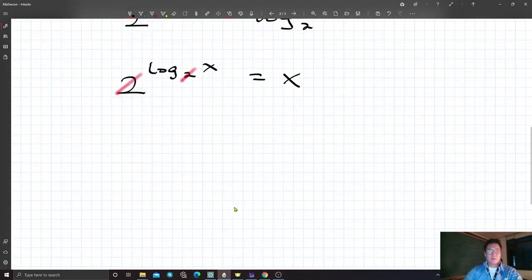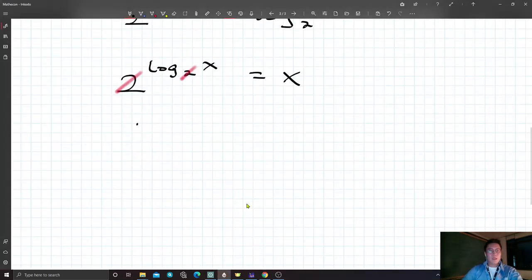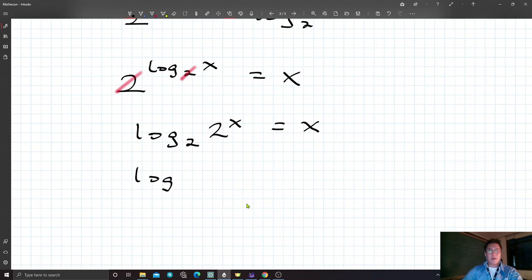So log with the base 2 of 2 to the power x is x. Log with the base 10 of 10 to the power x is x. Whenever the base of the logarithm is the same as the base of the exponential function, these two cancel, and we are left with just x, because the inverse of 10 to the power x is logarithm with the base 10.